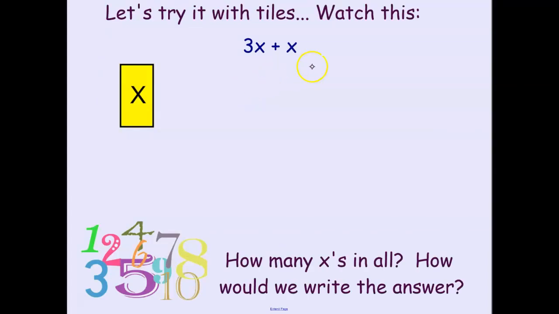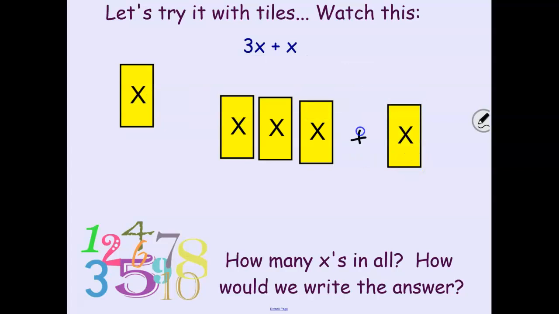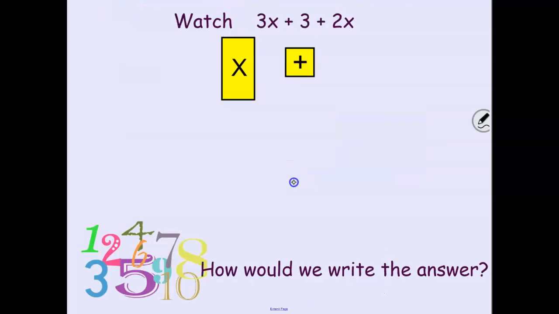Okay. Another way of visualizing it is with algebra tiles. If I had 3x plus 4x, I could model that by going 3x plus 4x. When I combine them together, how many x's do I have? I have 7x. Okay, what about 3x plus 3 plus 2x?